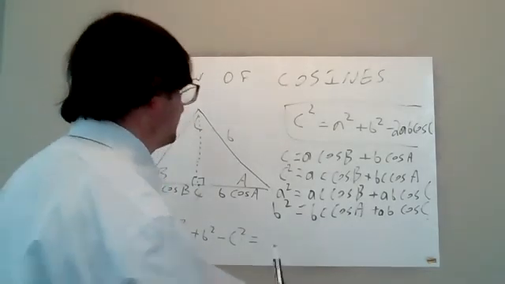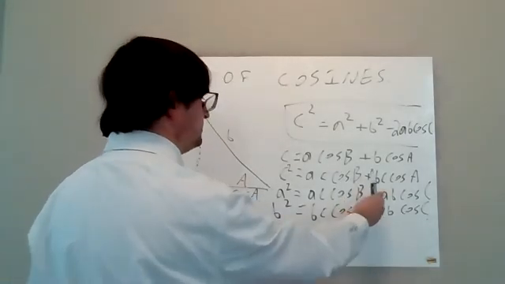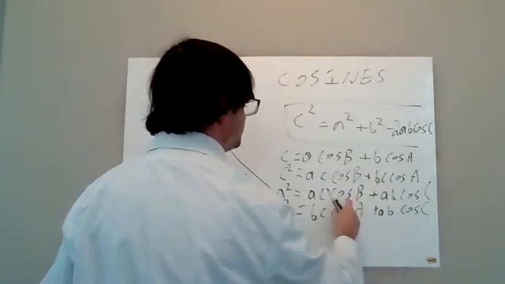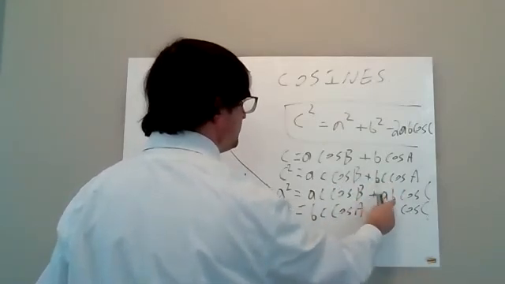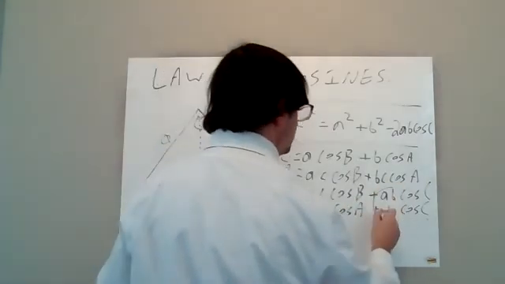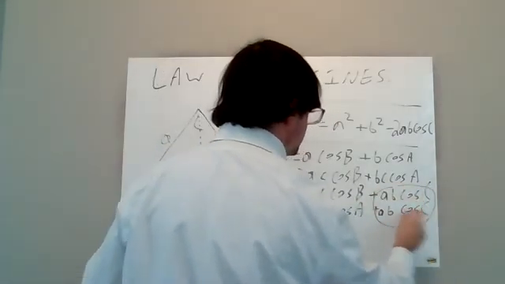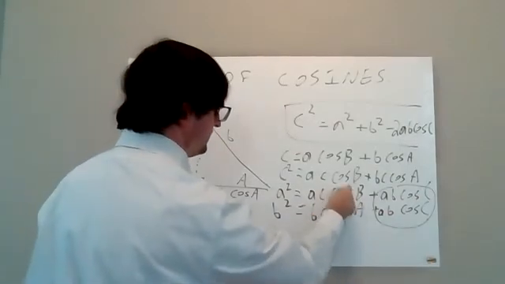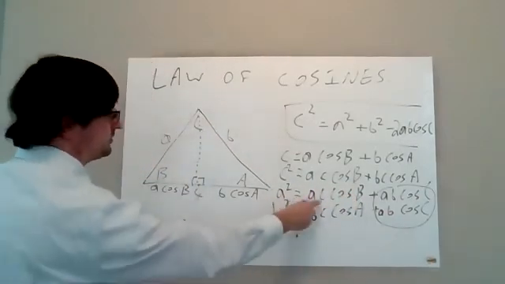So these terms are going to get removed. These terms are going to get removed. The only terms that don't cancel here are ab cosine C, ab cosine C. This term will get canceled by this because we're subtracting a squared from there.